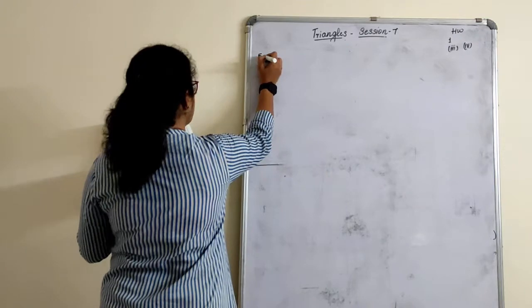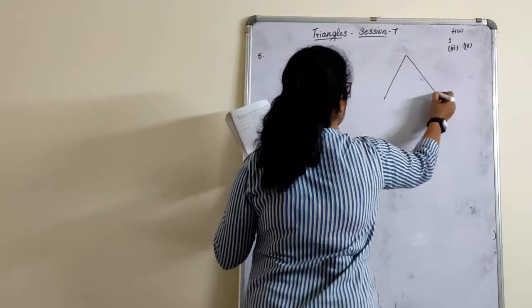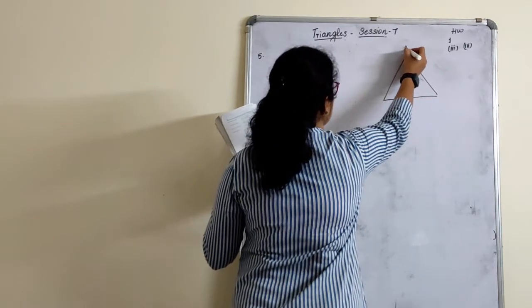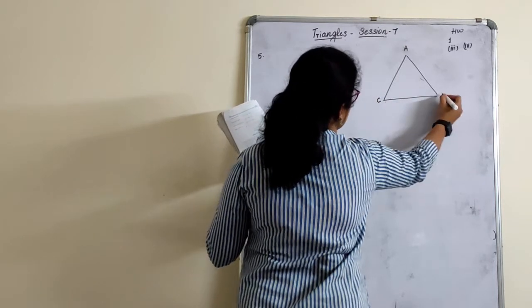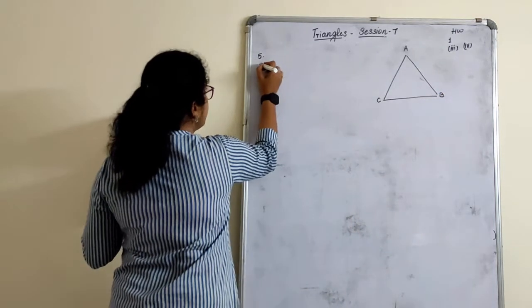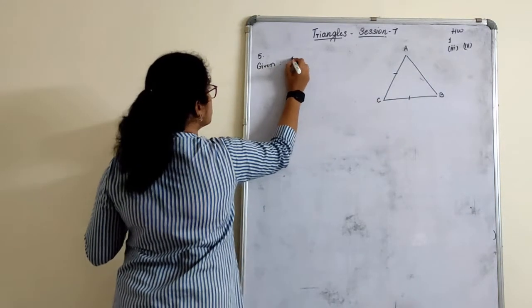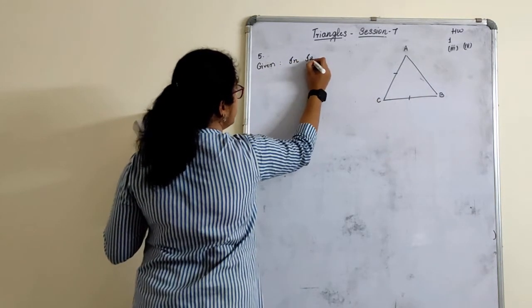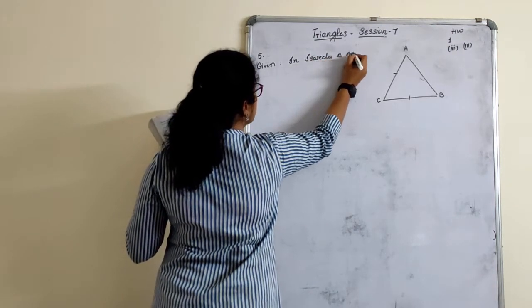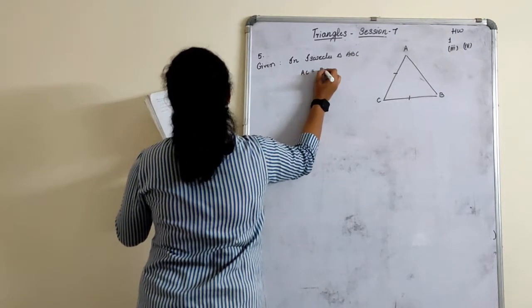Fifth one, what is given here? ABC is an isosceles triangle with AC equal to BC. Given: in isosceles triangle ABC, AC is equal to BC.